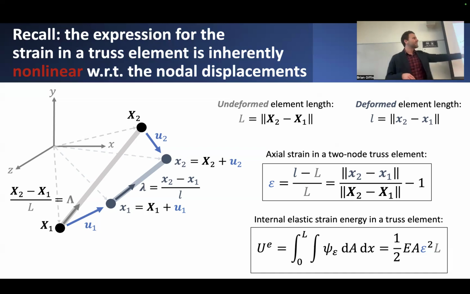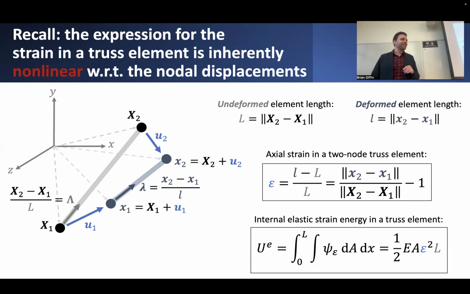In practice, if this were a three-dimensional problem, you have three components of displacement at each node, which means taking the derivative of this expression with respect to each of the three components of U1 gives you the resulting forces, with three components, at node 1.